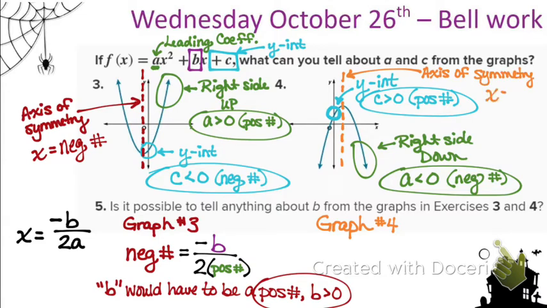It would be x equals a positive number. All right, so I'm going to do the same kind of thing that I did with graph number 3. I have a positive number that would be equal to negative b over 2a. But what did we say about a over here?